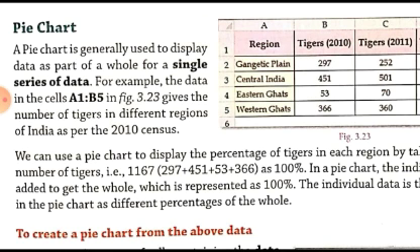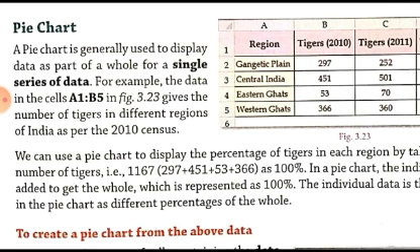Now what is the logic behind creating the pie chart? First of all, we have to calculate the total number of tigers in all the 4 regions taken together for every particular year. For example, in the first example we are totaling the number of tigers in India in 2010 in all the 4 regions. The total number of tigers in all these 4 regions comes out to be 1167.